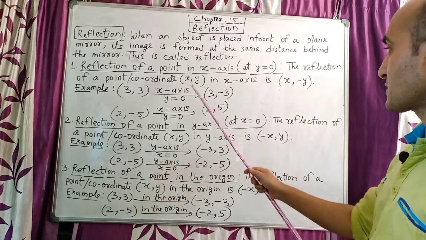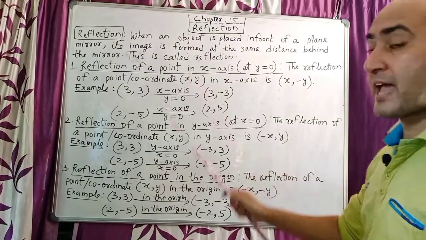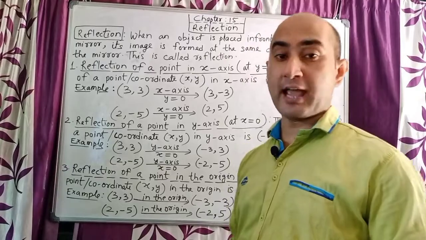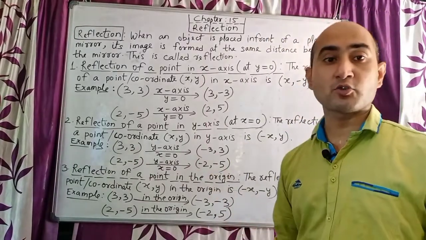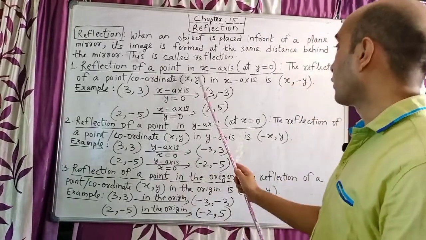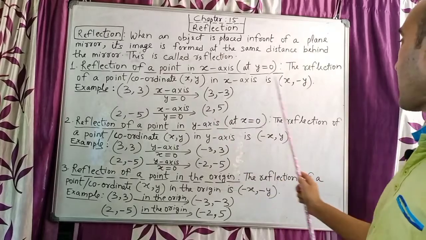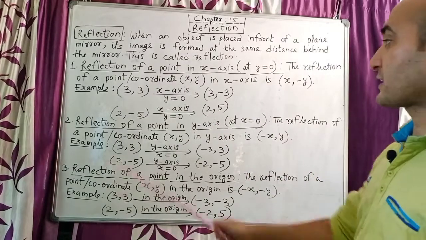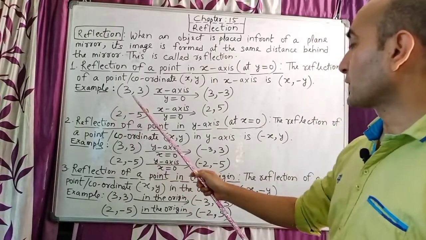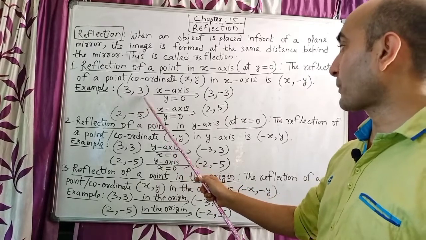The first value is called the abscissa, the second value is called the ordinate. So the ordinate will change but the abscissa will stay the same. For example, you have a point 3 comma 3.